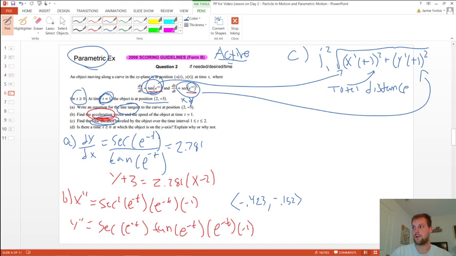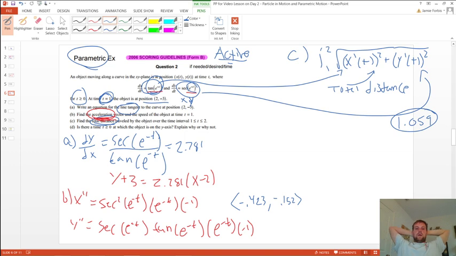Again, calculator active, I wouldn't try to do that without a calculator. And when I did it, I got 1.059, and it doesn't give me units of measurement, I don't believe. No, it's just 1.059 units, whatever the value is.